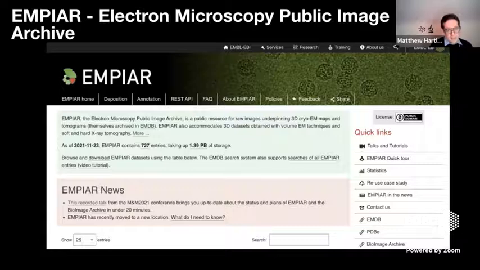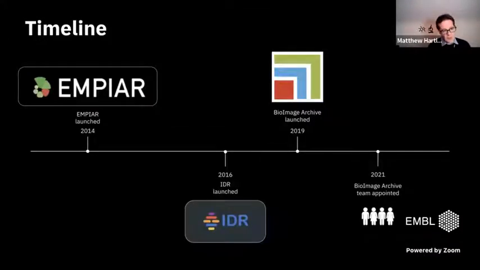EMPIAR has, I think because it's been so successful, now expanded to take other types of 3D electron microscopy data, particularly volume EM. There are various types of volume EM data, which I'll mention briefly later on, because exactly where data should go depends a little bit on your type of data, and EMPIAR is one of the reasons for that. So just to put the resources into historical context, EMPIAR is the oldest.